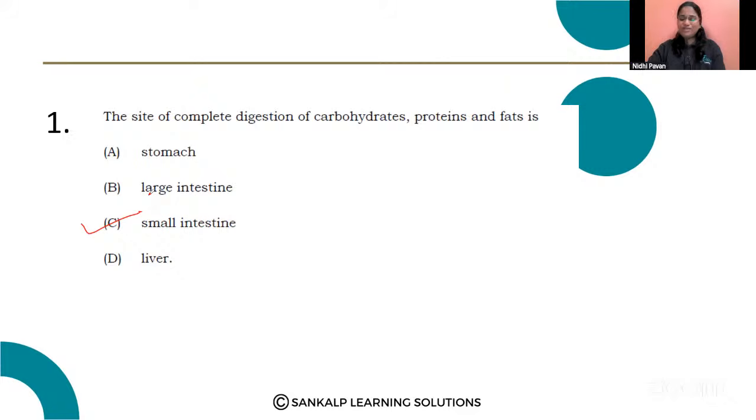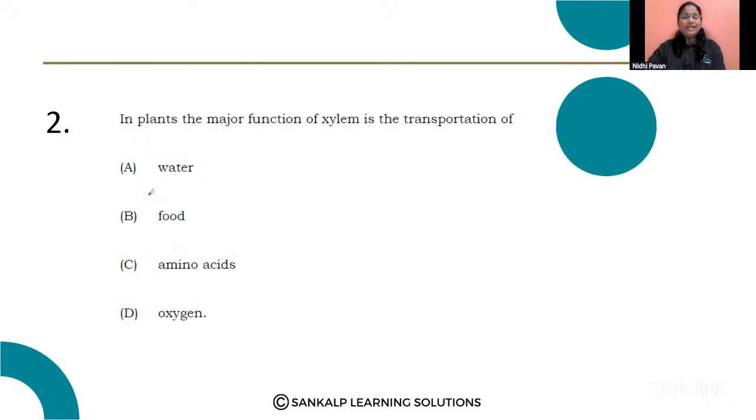Let us proceed to the next question. In plants, the major function of xylem is the transportation of: A water, B food, C amino acids, D oxygen. So what is the role of xylem?